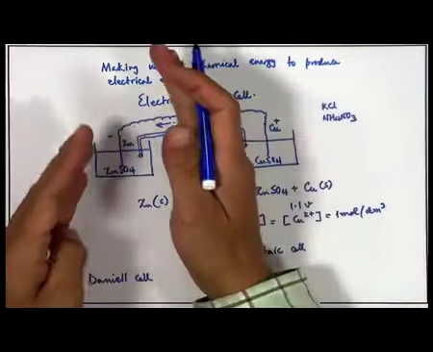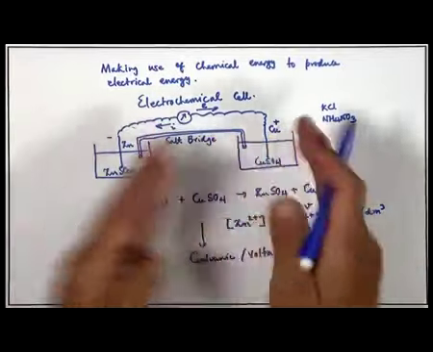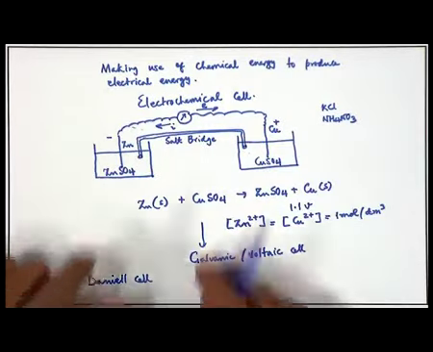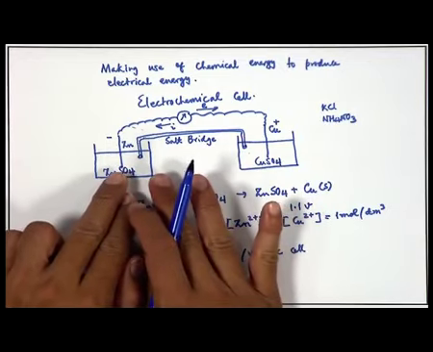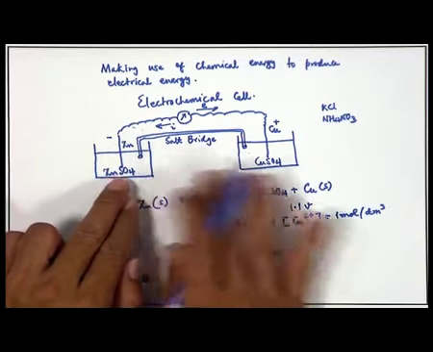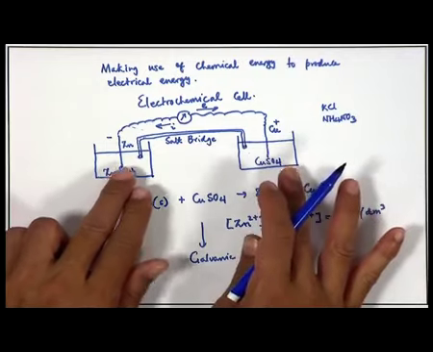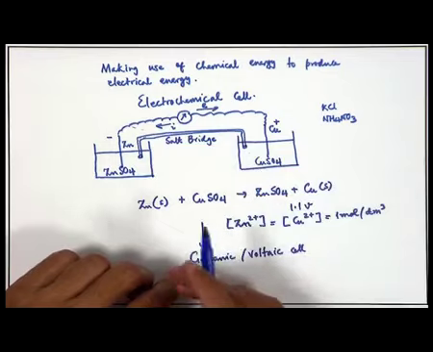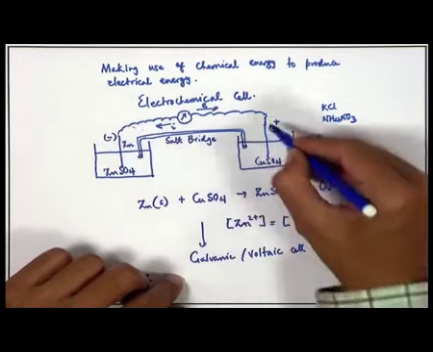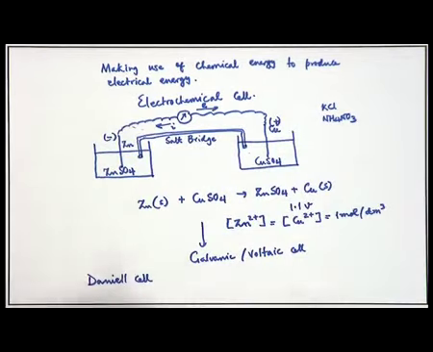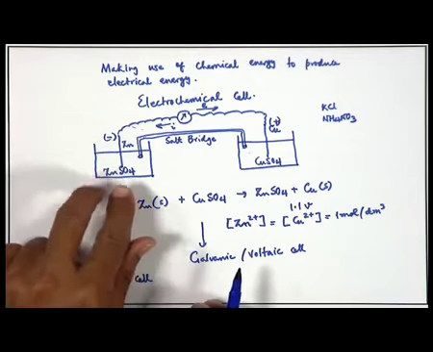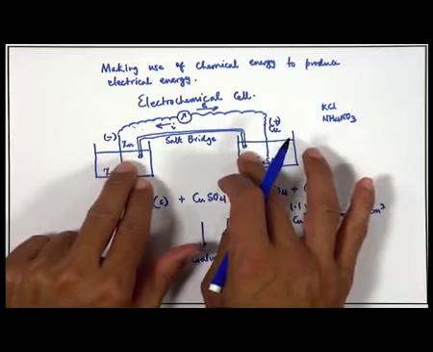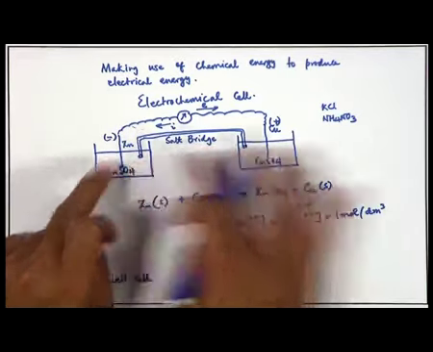If you divide into two, this is called one half cell, this is called the other half cell. Okay. So, these are called the reduction oxidation couple. Here oxidation is taking place, here reduction is taking place. So, this is plus and this is minus of this cell. These two together are called a redox couple, this is one half cell, this is another half cell.